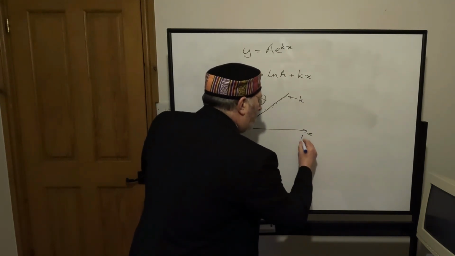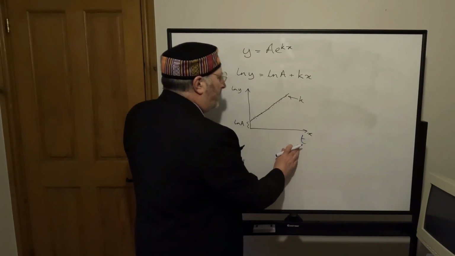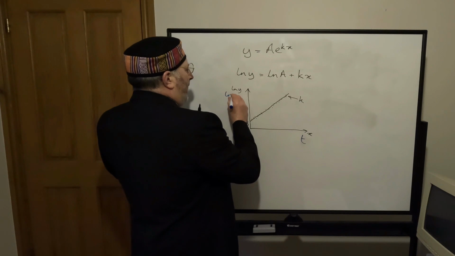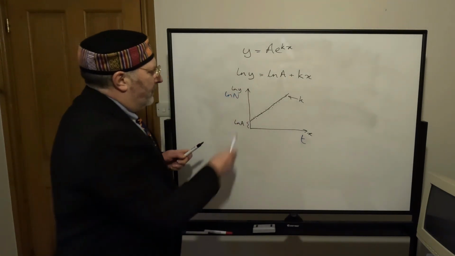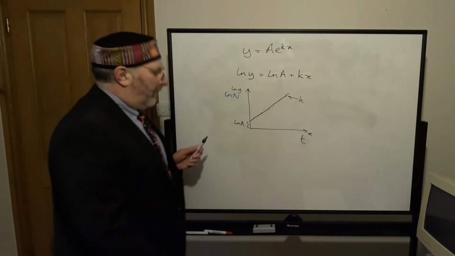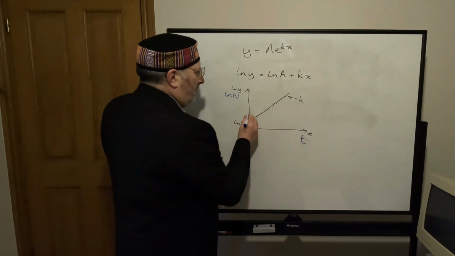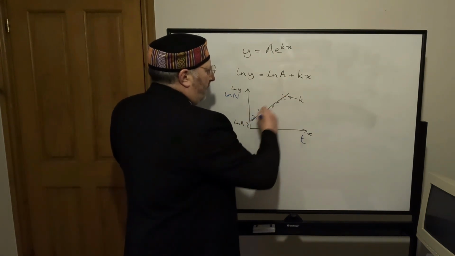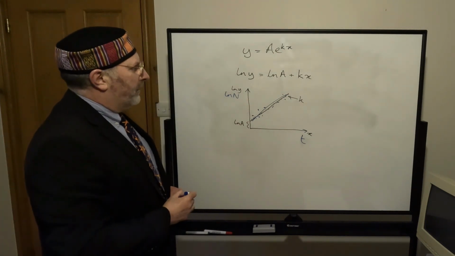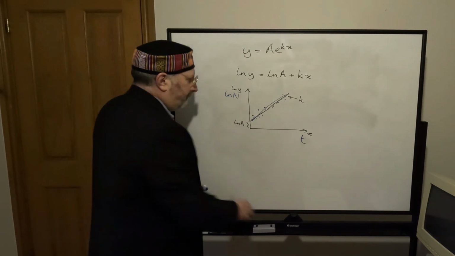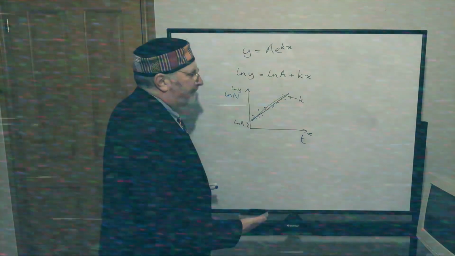For Moore's law, we'd plot time on the x-axis, and on the y-axis we'd plot log of n, the number of transistors on a chip. And then we would find something like this, a straight line, and that would confirm that Moore's law is true, because it is an exponential law.